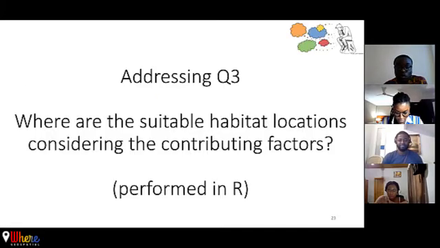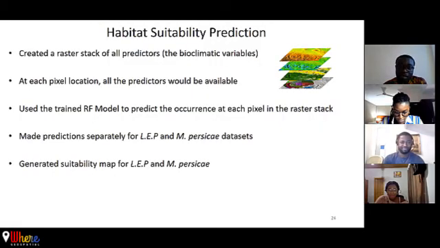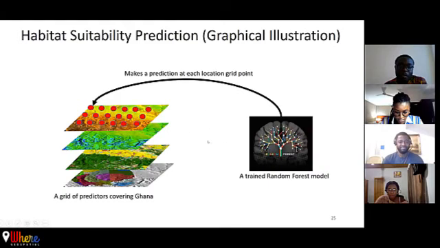I will walk through the remaining slides quickly because I already spent some time. The remaining slides are about how this mapping was done. This graphical representation shows how the trained random forest is doing the prediction.